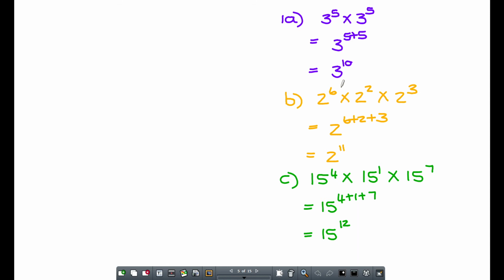So that's this one. And then times 3 to the power 5. So 1, 2, 3, 4, 5. So that's why my final answer is 3 multiplied with itself 1, 2, 3, 4, 5, 6, 7, 8, 9, 10. Now it makes more sense. Does everyone see it?